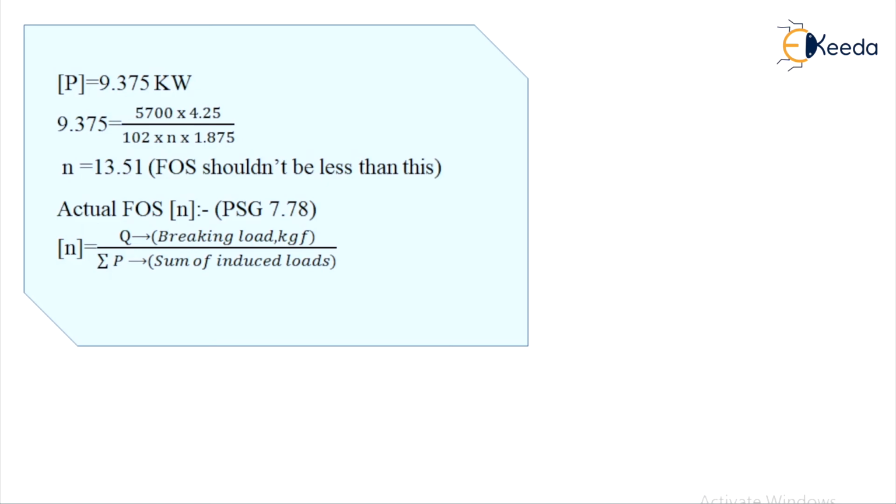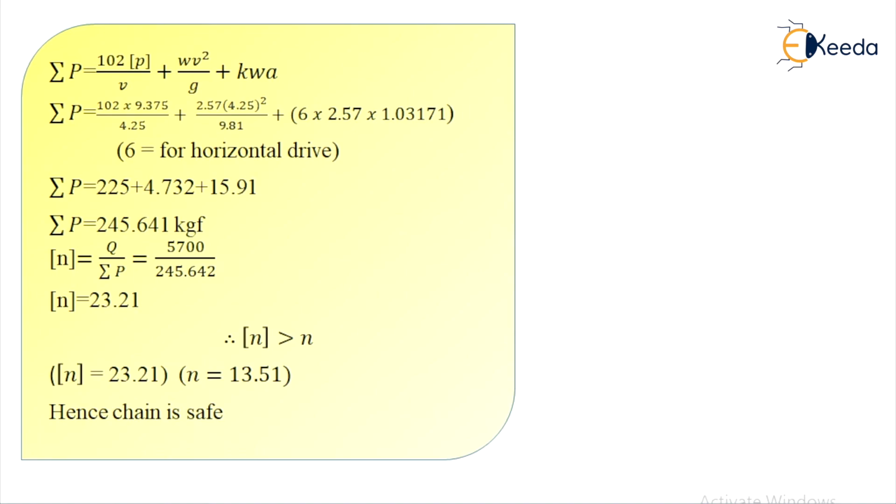Let us now find out the actual factor of safety. The formula is N is equal to Q upon summation of P, where Q is the braking load in kgf and summation of P is nothing but the sum of all induced loads, that is PT plus PC plus PS, where PT is the tensile load and is given as 102 into P divided by V. PC is the centrifugal load and is given as WV square upon G, and the third is PS, which is the sagging load.